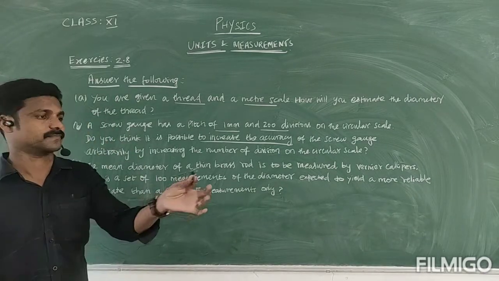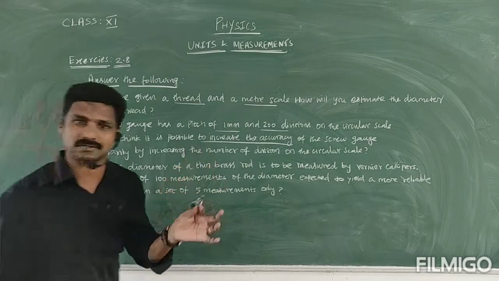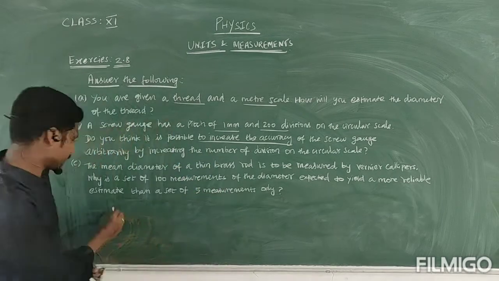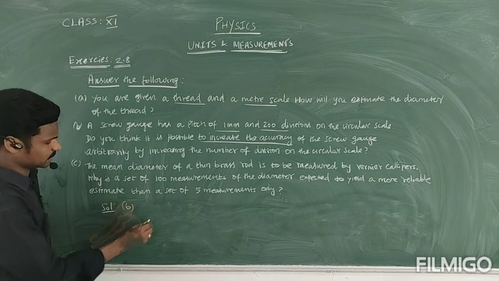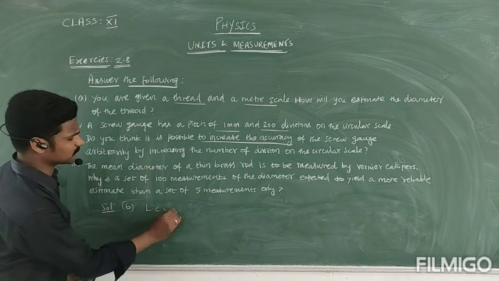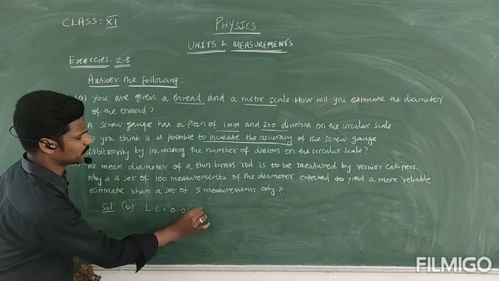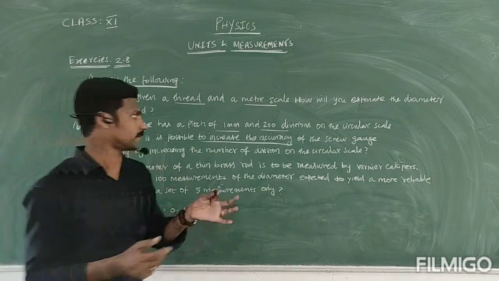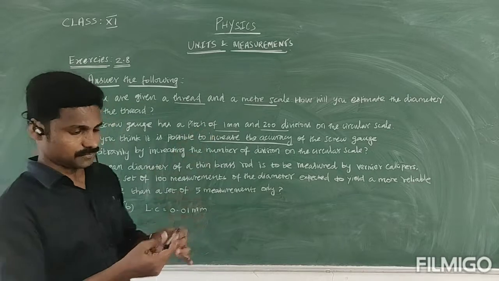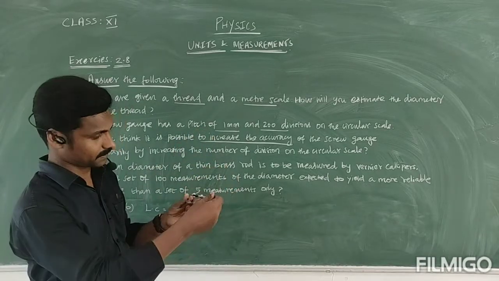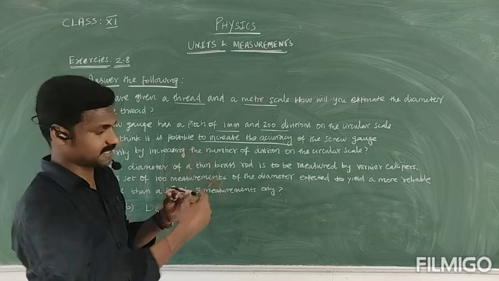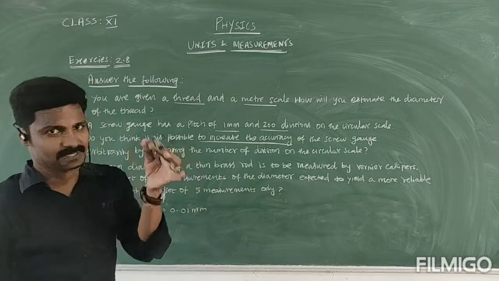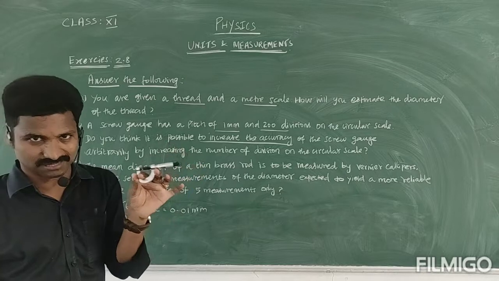Now, this is the solution for the B question. Generally, the screw gauge least count is 0.01 millimeter. But if you observe, here the pitch value is 1 millimeter, and the number of circular scale divisions is 100 in the given screw gauge.